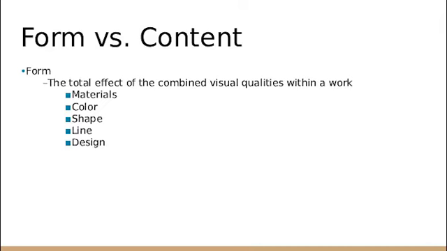Also, moving on, let's get into the difference between form and content and also how they work together. The form of an artwork is the total effect of the combined visual qualities within the work. That is the materials used, the colors, the shapes, the line, the design itself. All of that adds together to be the form of the work. On the other hand, the content is the message or the meaning behind the work of art.